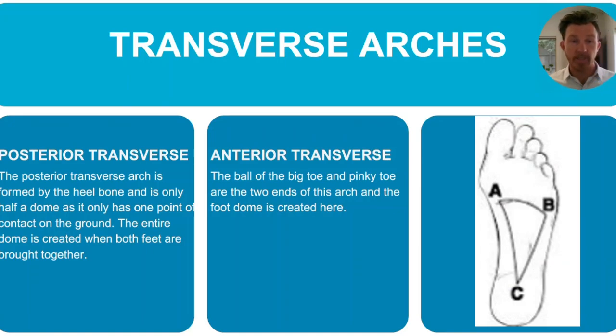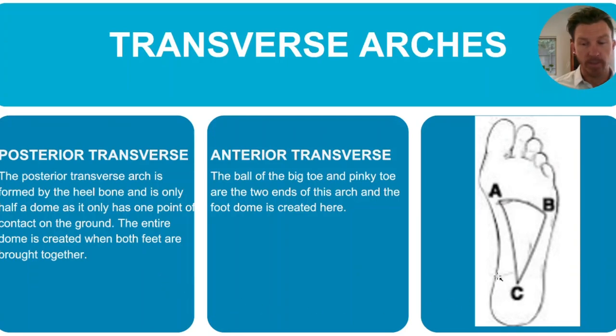So last is this transverse arch. That's the one that goes from A to B. And that one sometimes is delineated as an anterior and a posterior transverse arch. So the anterior one is what I have depicted in this picture, and the posterior transverse arch is formed by the heel bone and is really only a half dome, so contact with the ground.